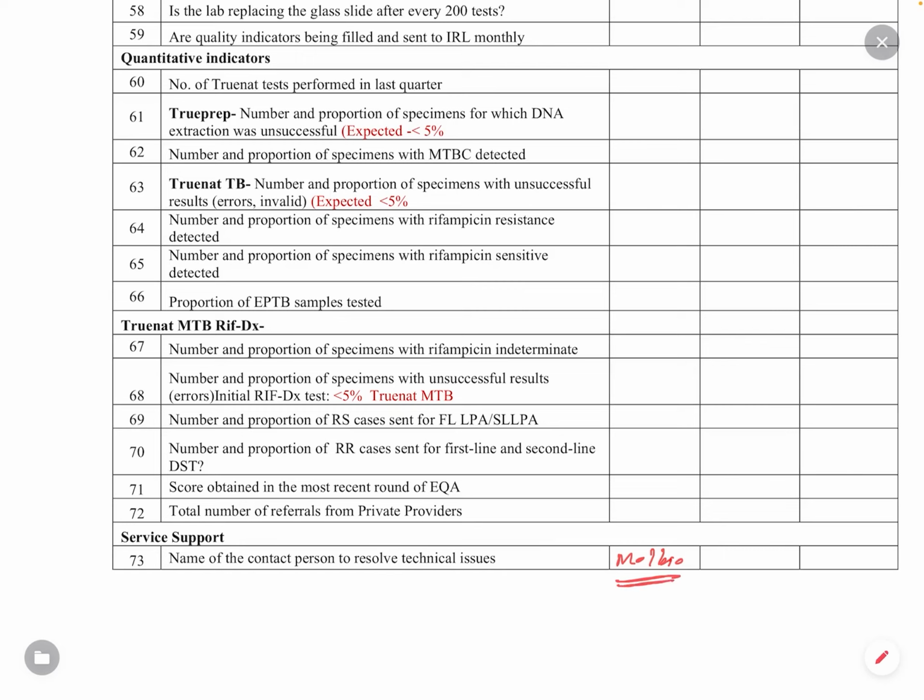You can contact them if there is anything which you cannot rectify using the troubleshooting steps we covered in this training. You can contact your senior treatment lab supervisor, your IRL microbiologist, and for further assistance, you can straight away contact your Molbio service engineer, who will help you anytime.